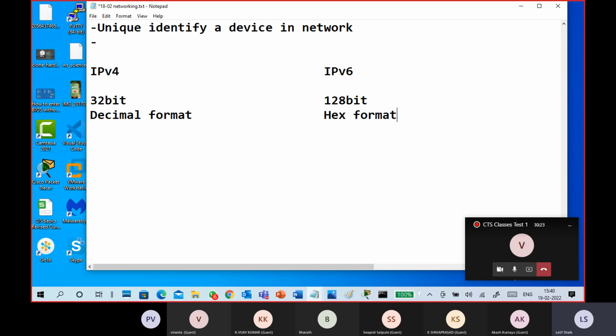So these are the two things: 32-bit and 128-bit, decimal format and hexadecimal format.